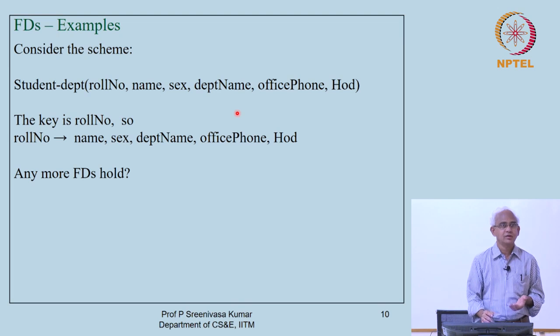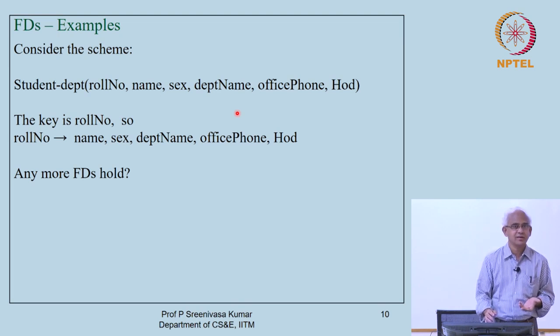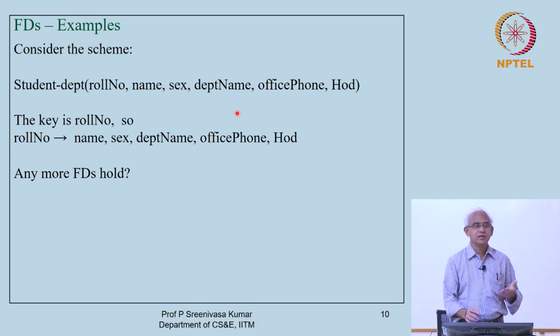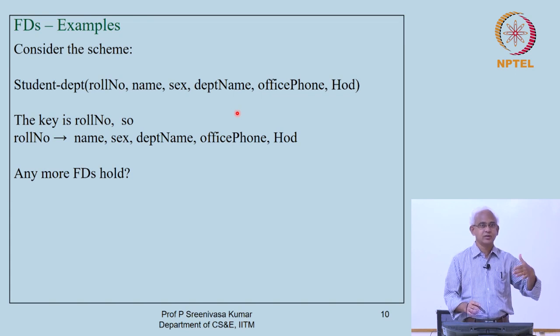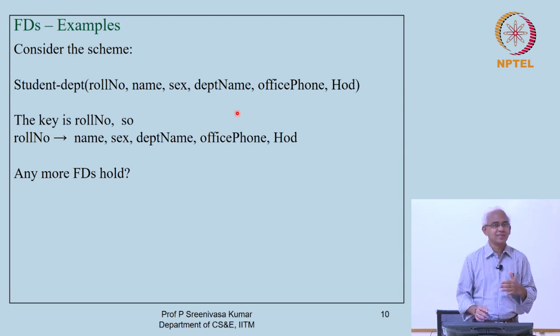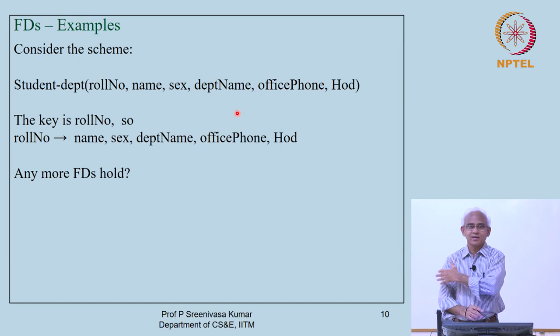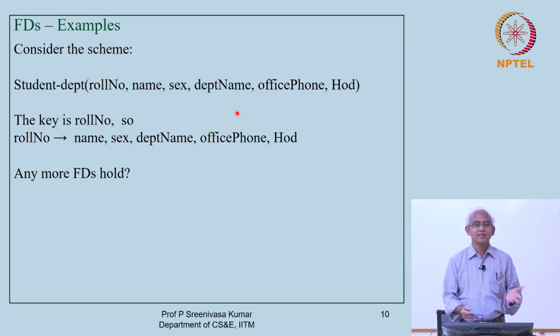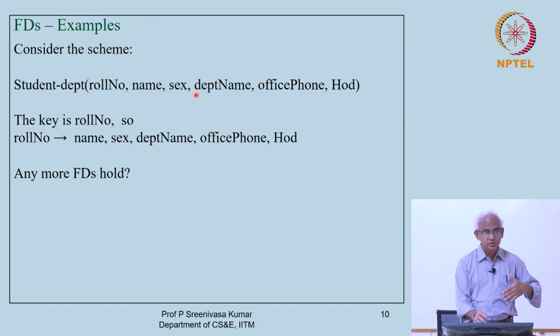HOD, right? You cannot say that in one tuple, the computer science department has one person as HOD, and in some other tuple, another person is the HOD. It will be inconsistent. So, if two rows have Department of Computer Science under this column, then under the column HOD, they should have exactly one person.